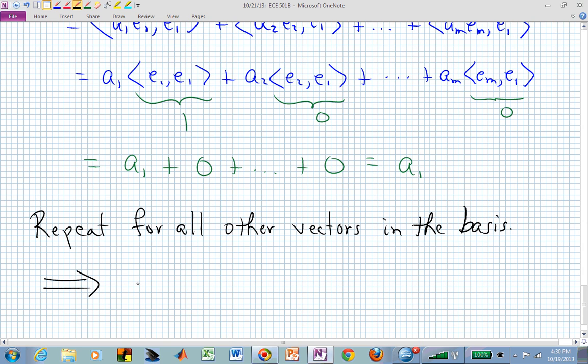The inner product with e sub k returns a sub k.